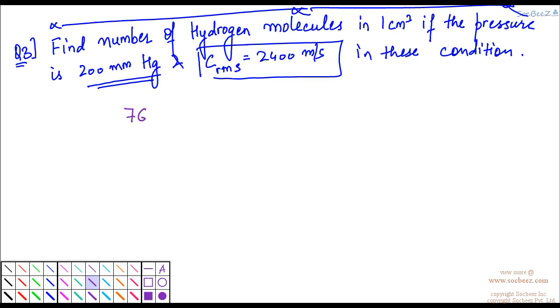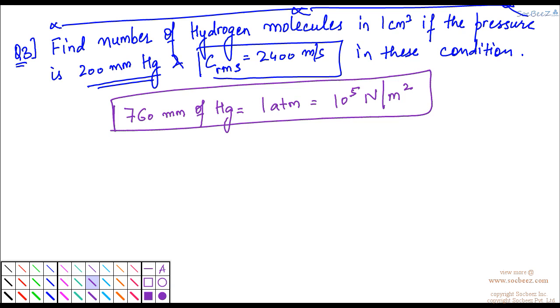One thing I want to tell you is 760 mm of Hg is equal to 1 atmospheric pressure, that is nothing but 10 raised to power 5 Newton per meter square. By using this conversion, you can convert this 200 mm of Hg.